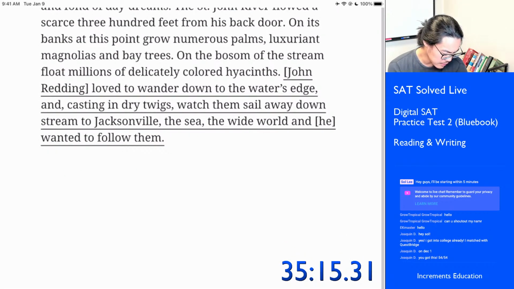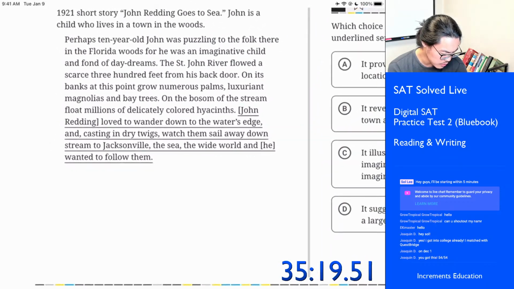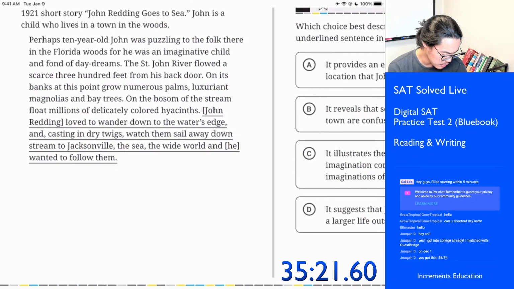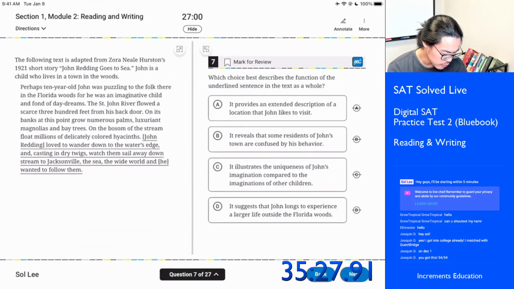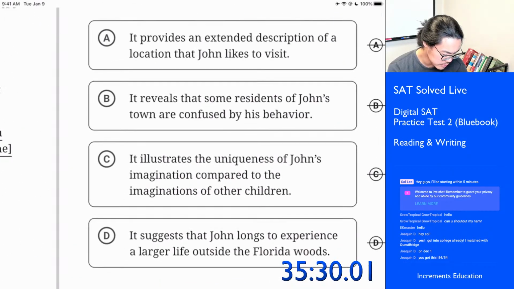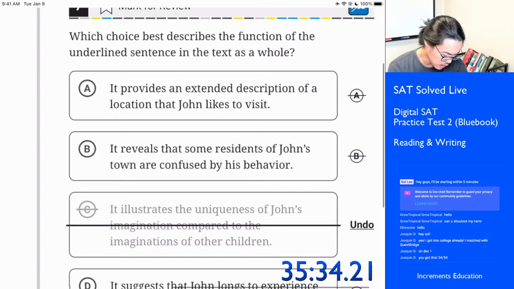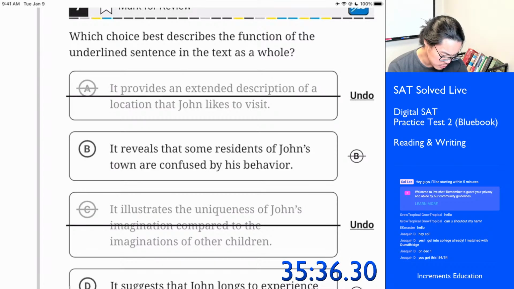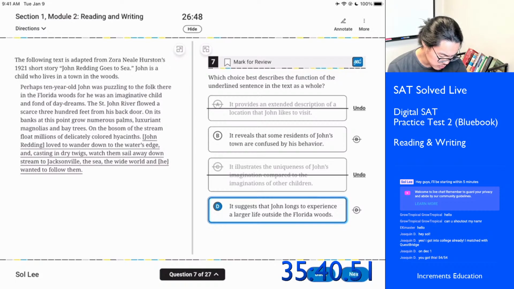There's hyacinths. Love to wander down, watch them sail away, to see the wild world. He wanted to follow them. It describes, it characterizes him. Okay, it characterizes him. Compared, nope. That's not a location. Yeah. He wants to go out.